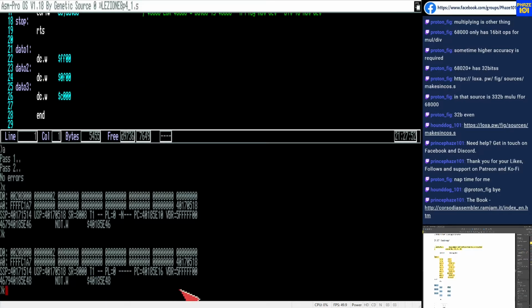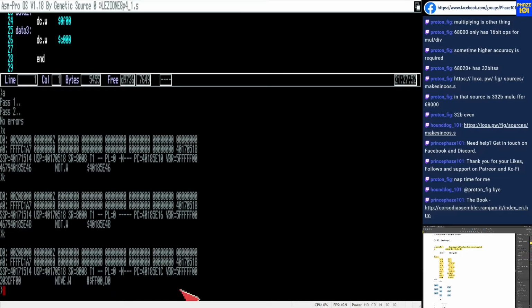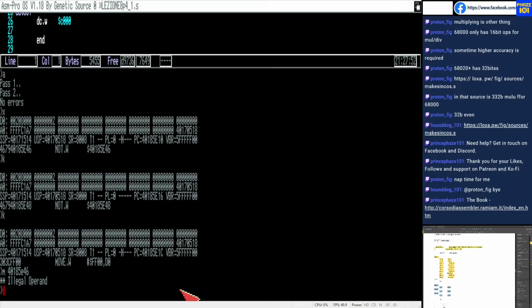So I'm going to execute it. And trust me, it has become as I said. I'm going to show you that by going into the memory location 40185E46. It's the hex number.